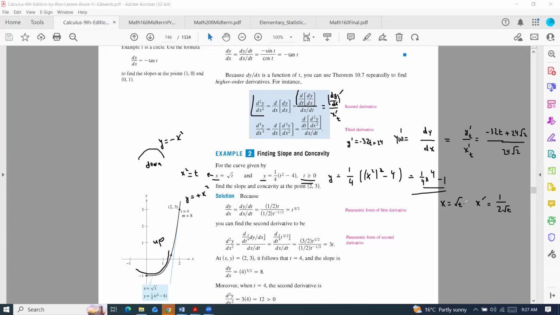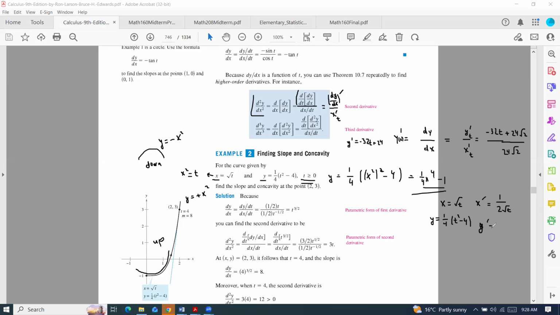So take the derivative of the power. So anyways, that's my x prime. And then also for y, I have here a quarter in front of t squared minus 4. So we'll take the first derivative as well. And then I'll set up first y prime.